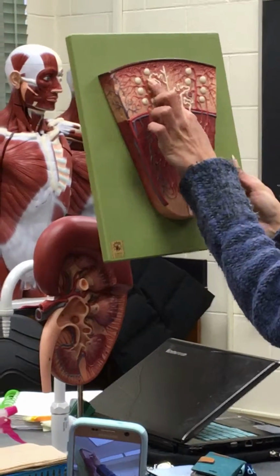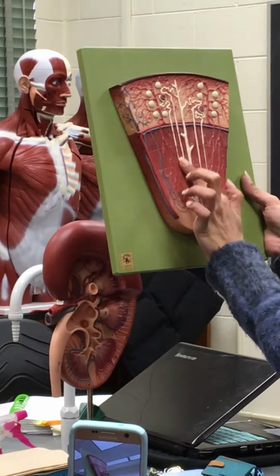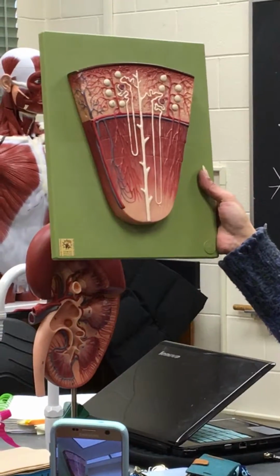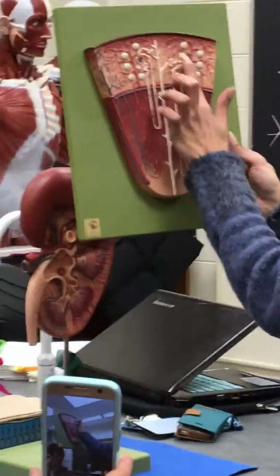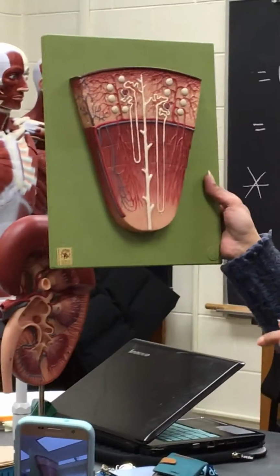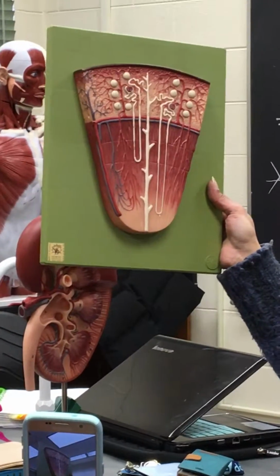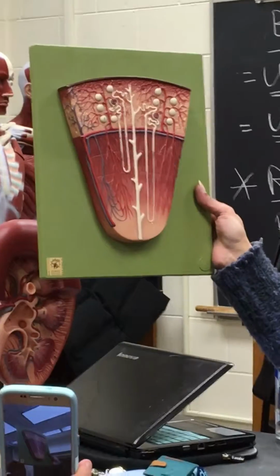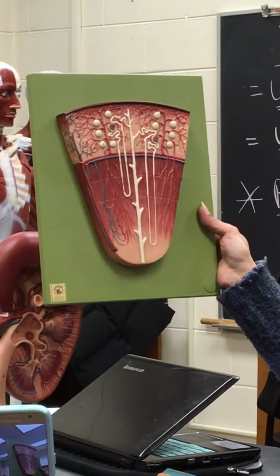Each one of these tubules is known as a nephron. The circular parts are called the renal corpuscle, and the renal corpuscle is made up of 2 parts, the glomerulus and Bowman's capsule.